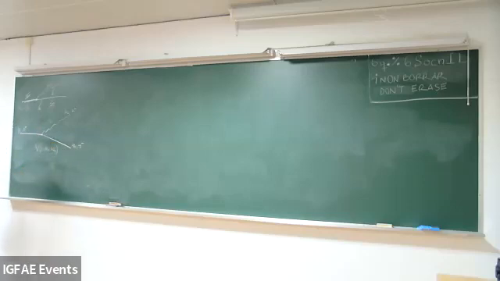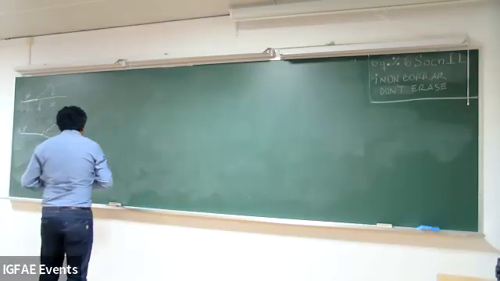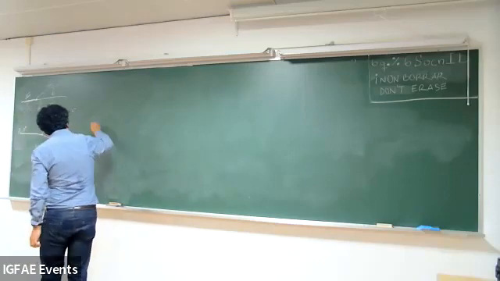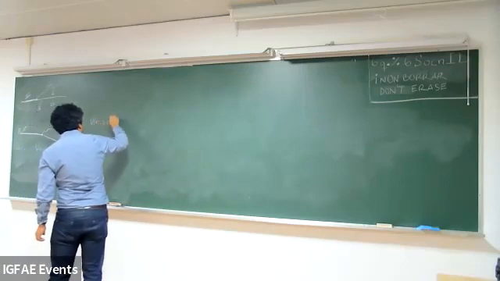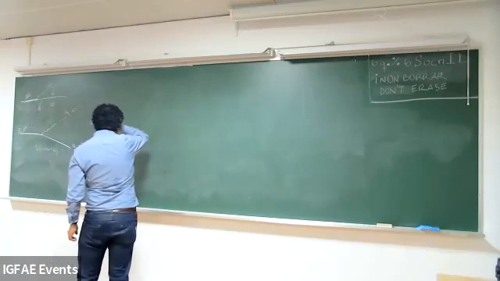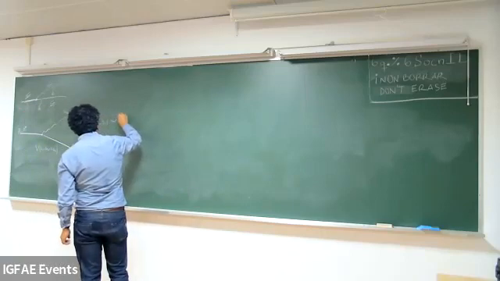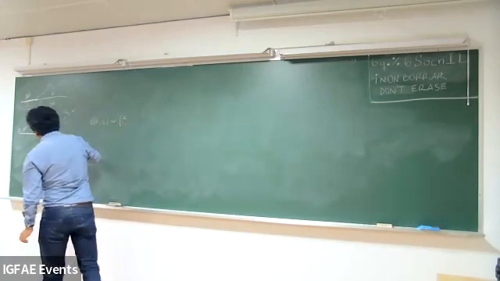Okay, so maybe I should explain that. What Guillaume proved is that if you consider this V as a function of A perp and Q perp, then this is proportional to something.